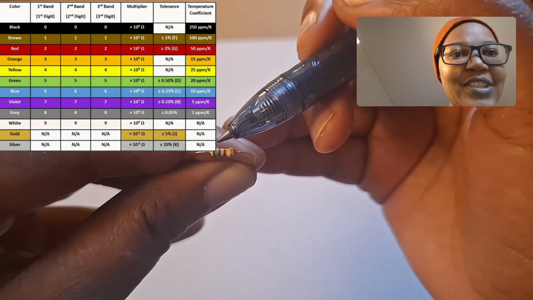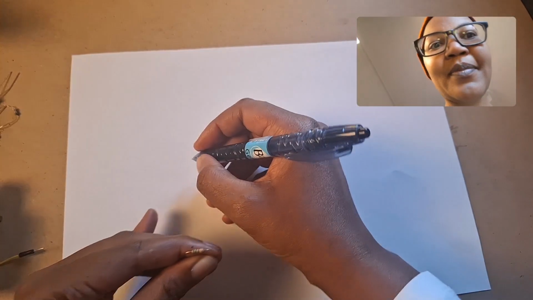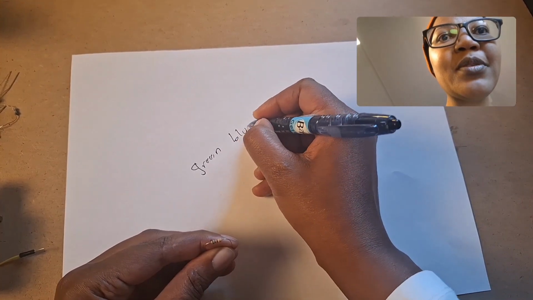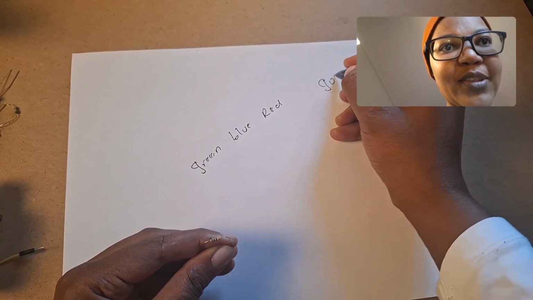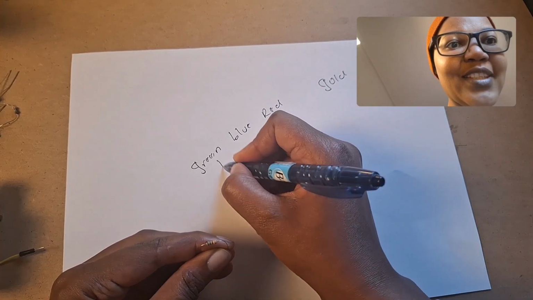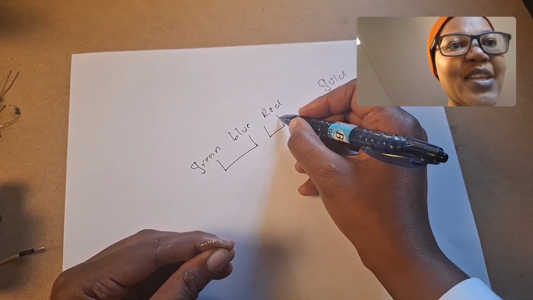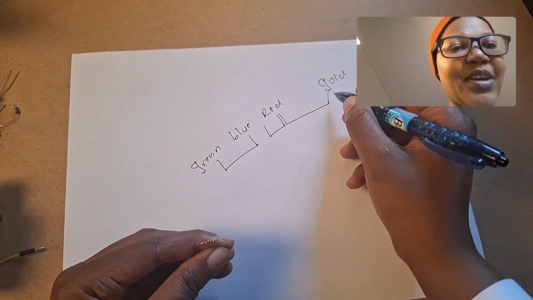There is a color chart with values. So this is green, blue, and then red, and then gold. The distance between these bands is evenly spaced, but the distance between the red and the gold is a bit further away.